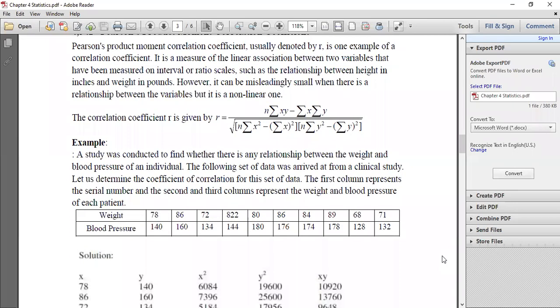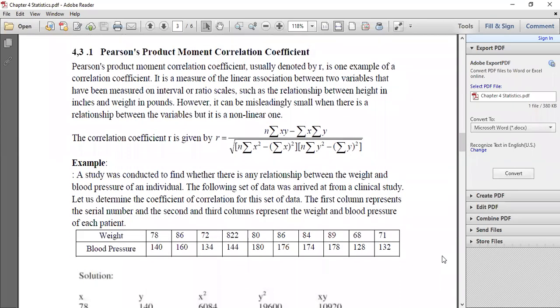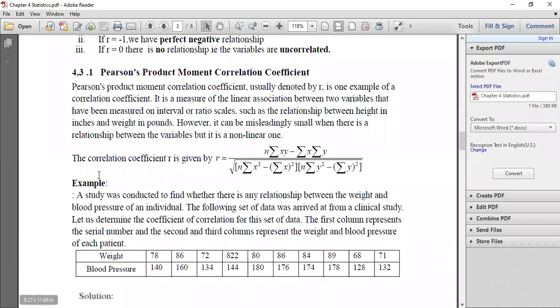So here we have this example. A study was conducted, we want to establish the relationship between the weight and blood pressure of an individual. You have this set of data, possibly collected from a hospital or a clinic. We take the weight of a person, and then we also record their blood pressure.